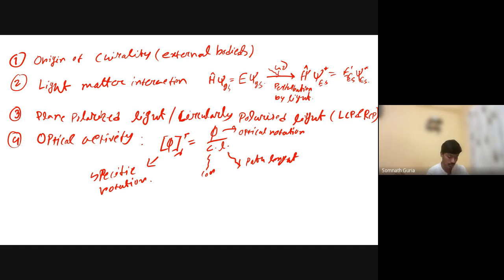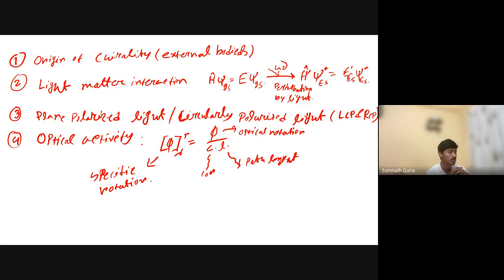Next class onwards, we'll go into how this circularly polarized light interacts. Here we are mostly showing that the speed of the light is different through a solution where the chiral molecule is present.